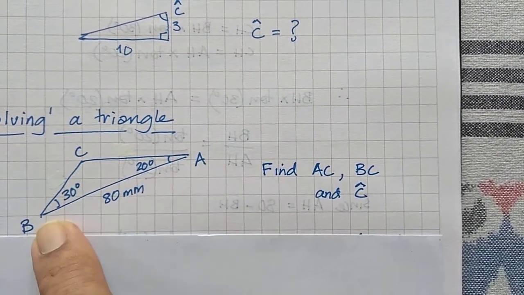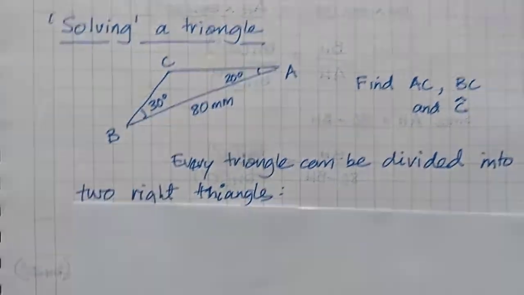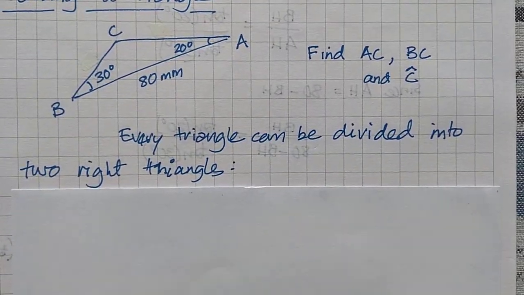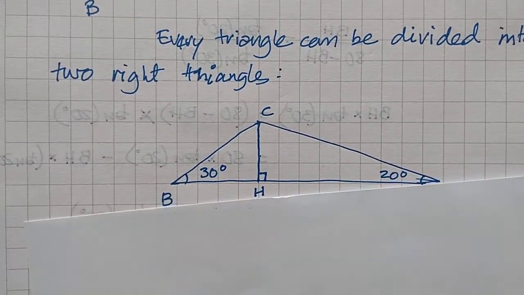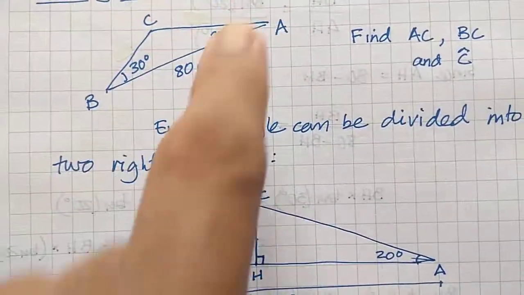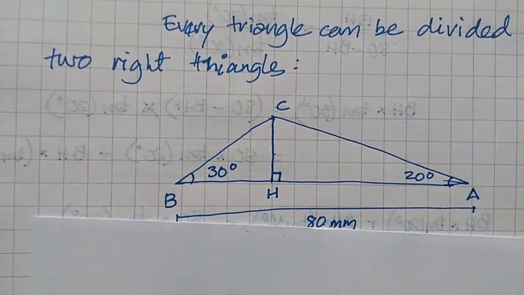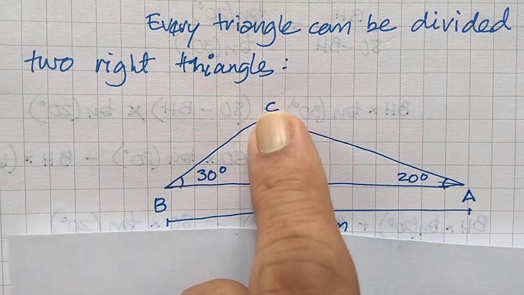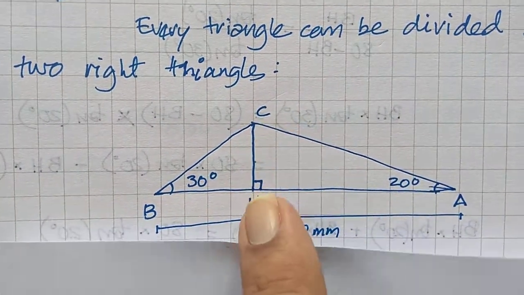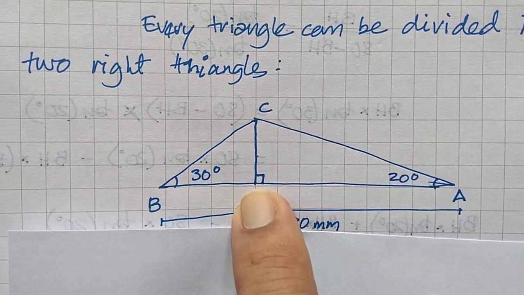AC and BC. I remember I said every triangle can be divided into two right triangles, and that is what we do. I redraw that here with the AB line horizontal so that we see it better. I drop a perpendicular from C to H, it is a right angle here.